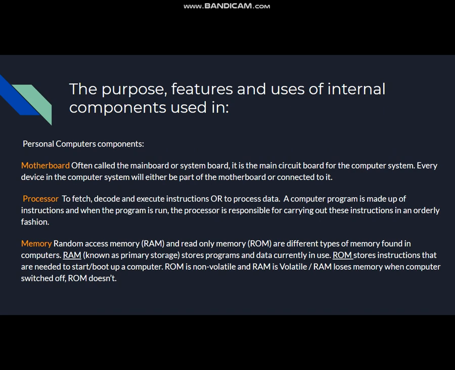Right, so in terms of the internal components of a PC, we have the motherboard, which is a printed circuit board, and on the motherboard is where we connect all the other devices. For example, the CPU, the RAM, every other device that's inside of a computer is connected onto the motherboard.